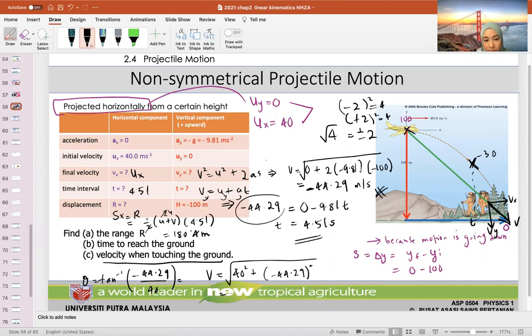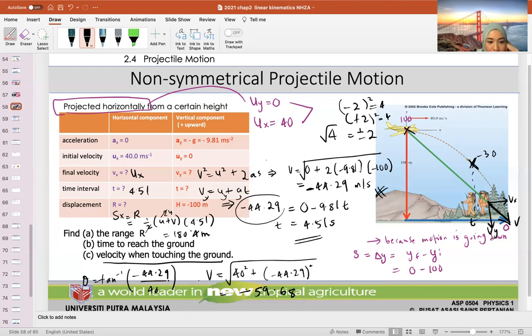Negative 59.67. Is this the angle? V. Oh, V, okay. Negative 59 or 59? Negative 59.68.